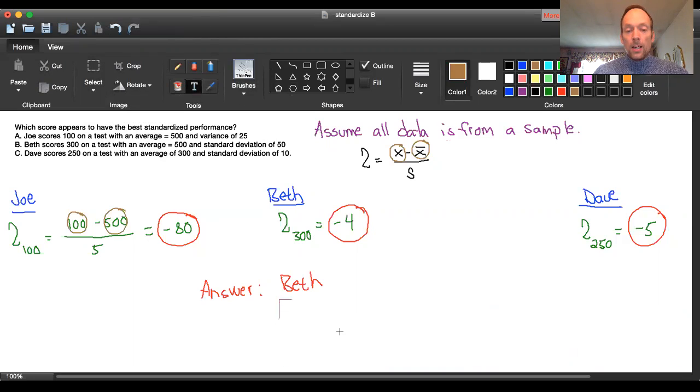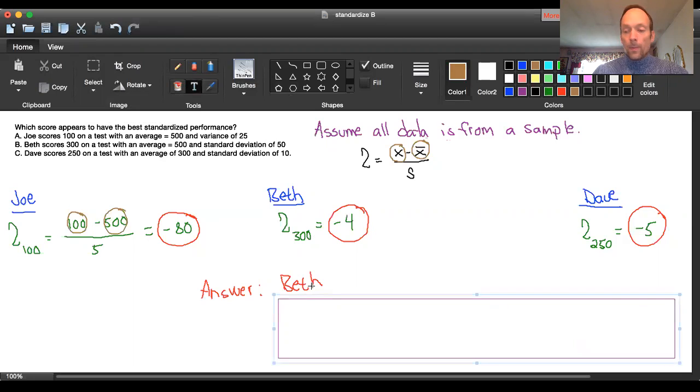If we have negative z-scores, the winner is the score closest to 0. Now you have to be really careful too, because notice we're using score.